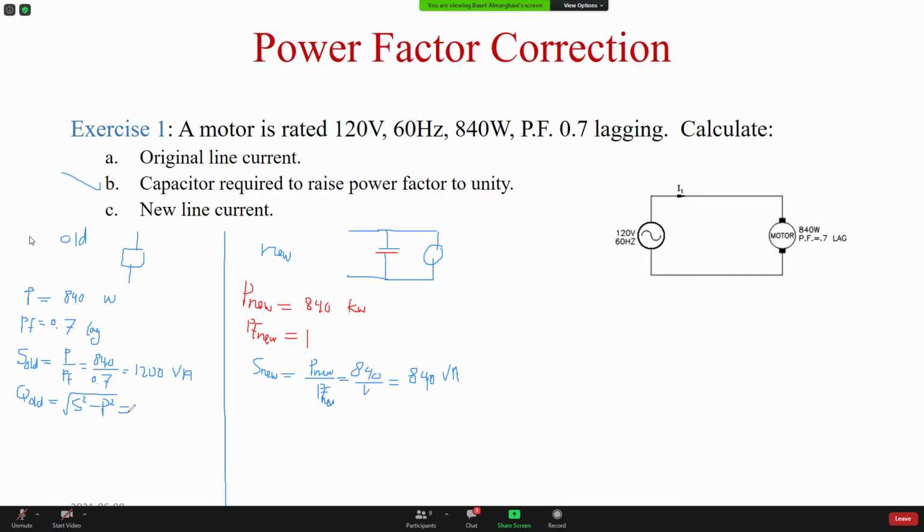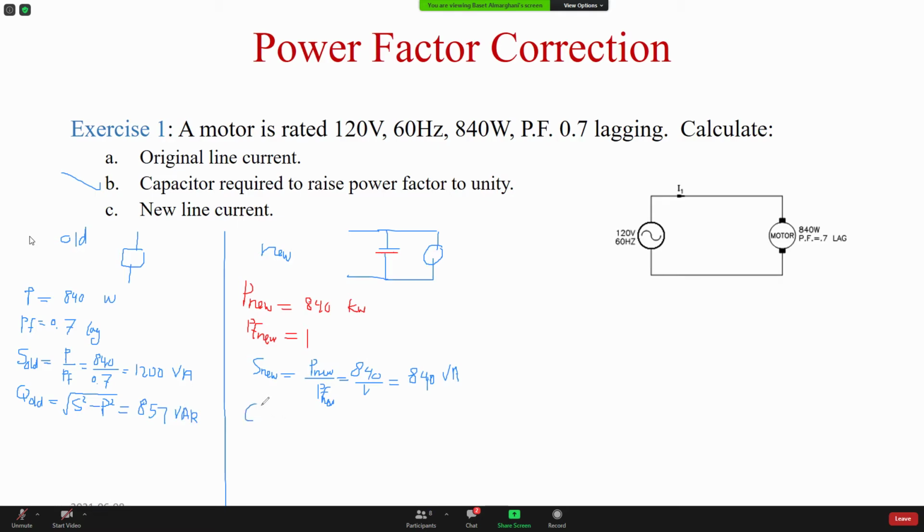Answer is 857 almost. 857 volt ampere reactive.